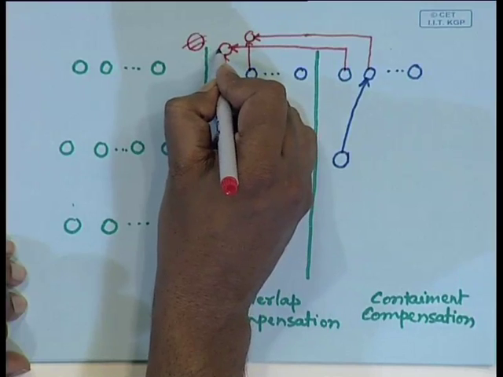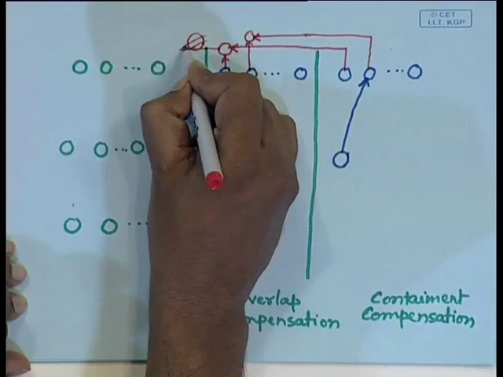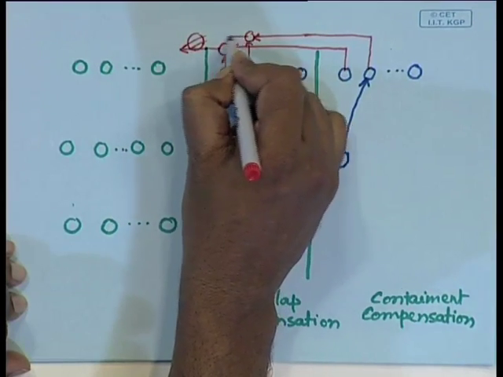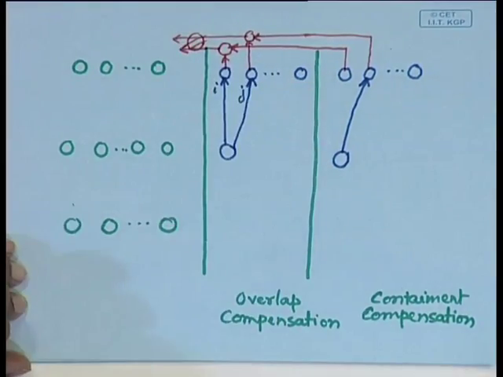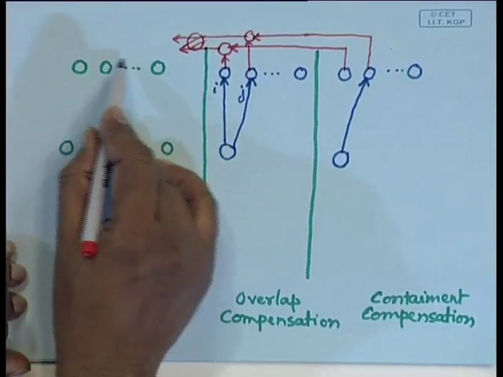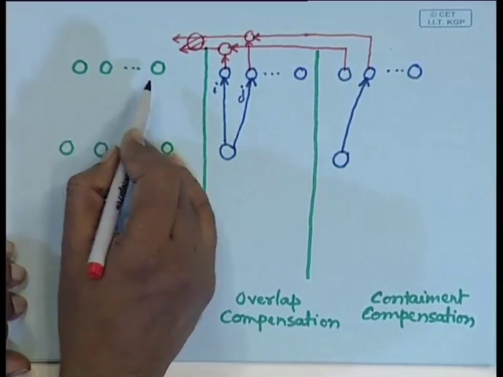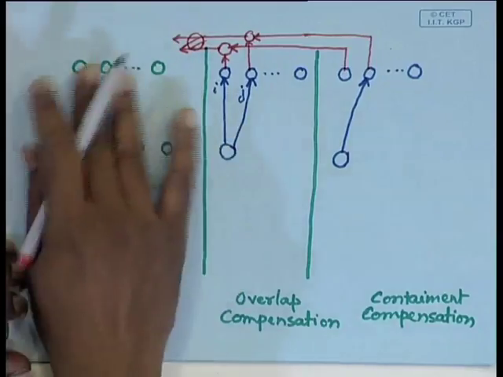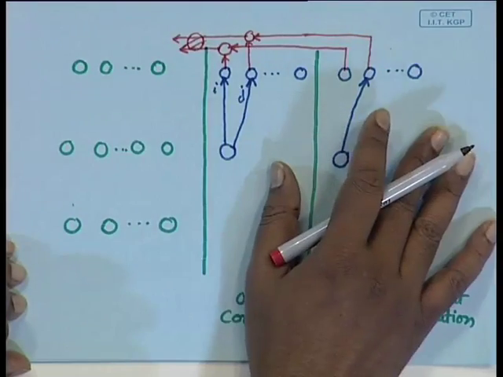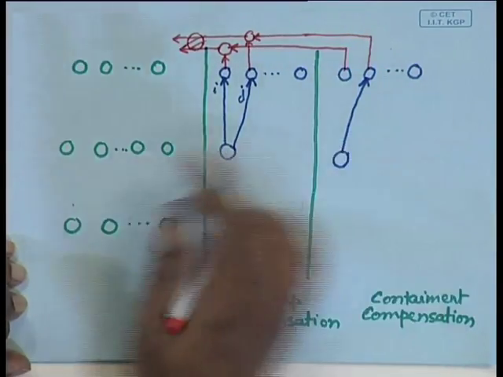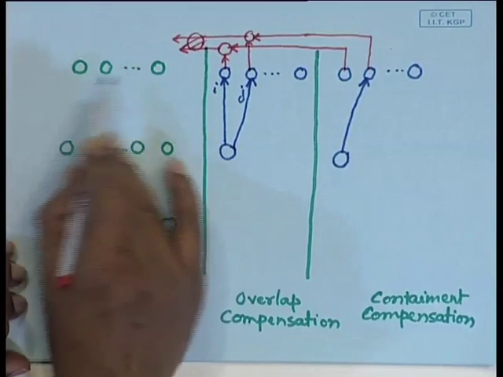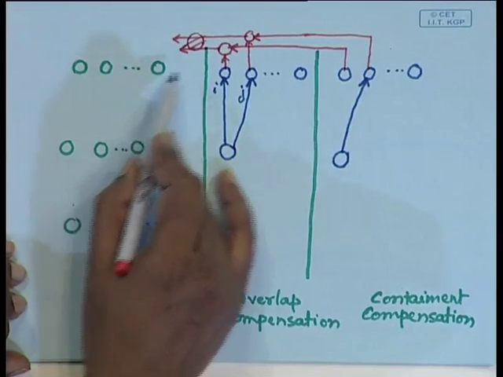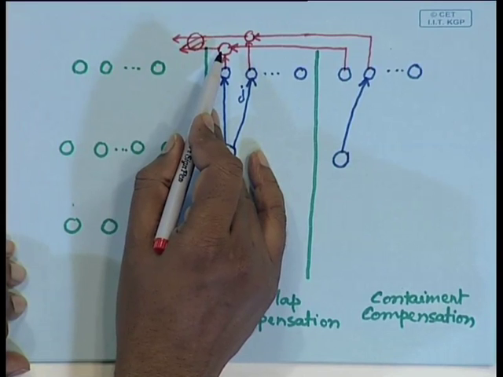Finally, after combining these outputs, I know the overall compensation that I have to give to the membership values generated by these neurons. These neurons are generating the membership value as if there is no containment or there is no overlap. Okay. We are trying to modify these membership values by the compensation values.